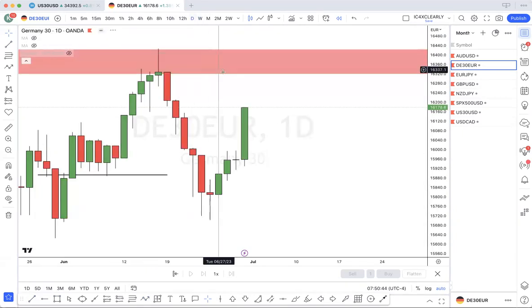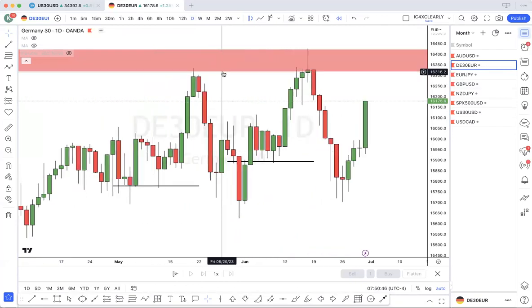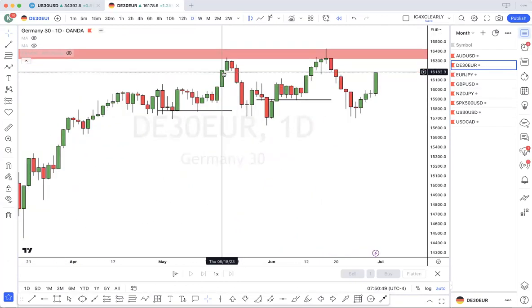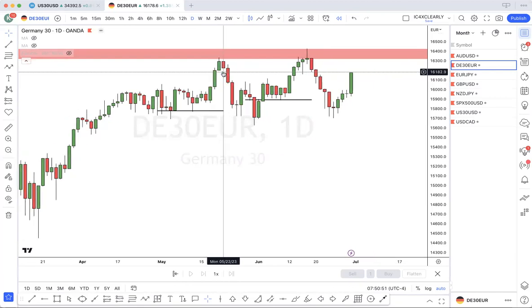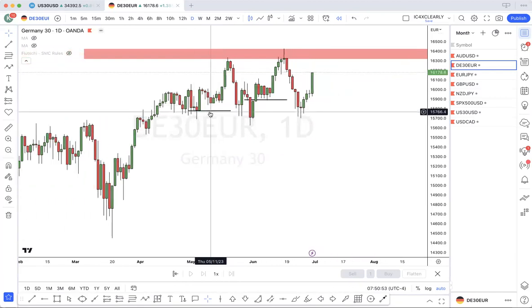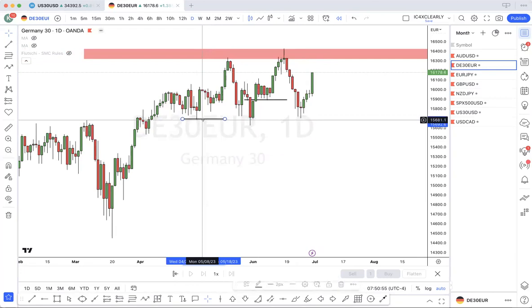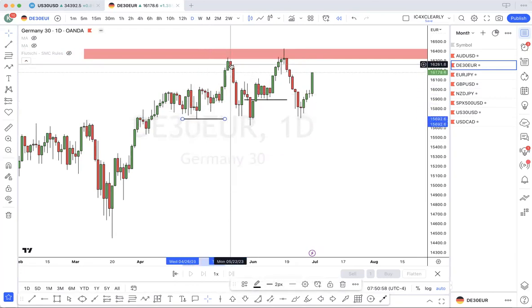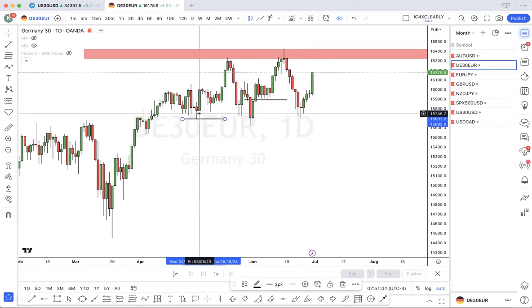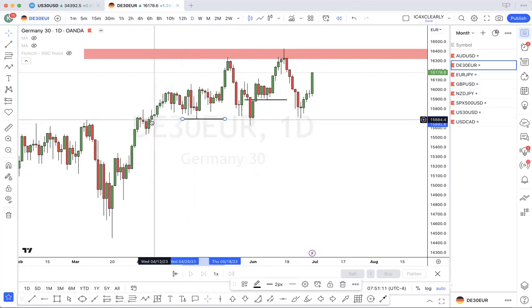That was the weekly. For the daily, you have this was the last swing. It was a wick back into this order block and then started pushing back up.